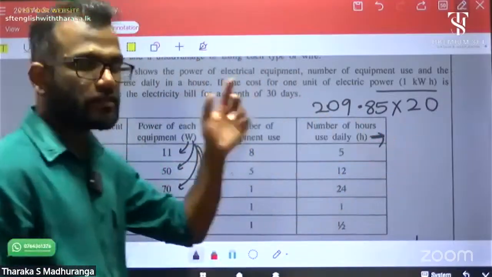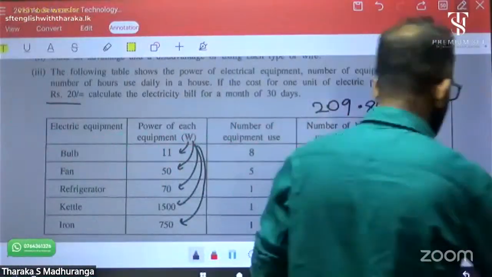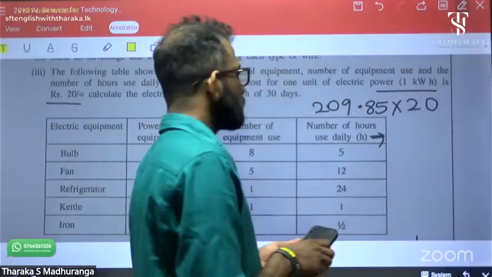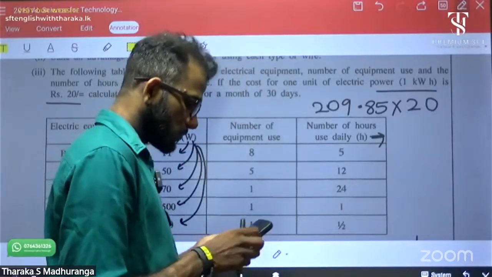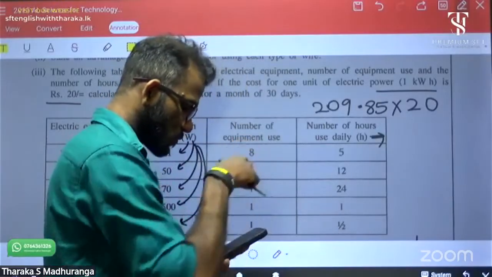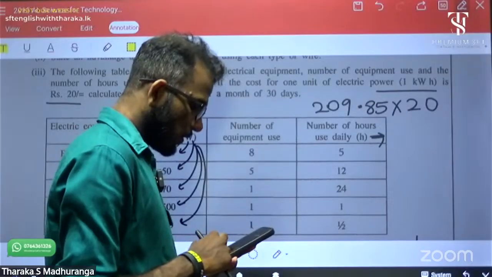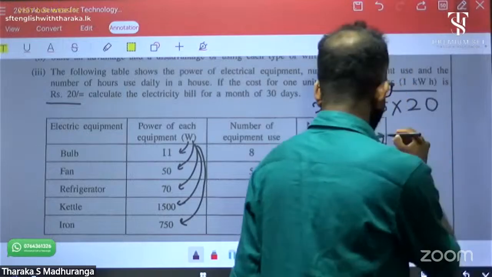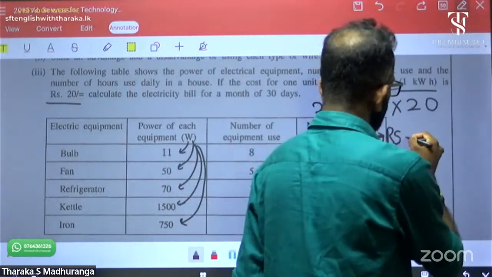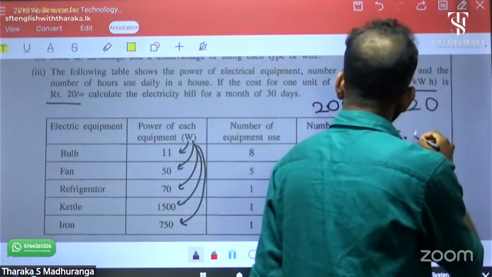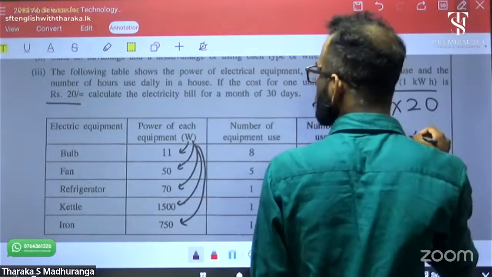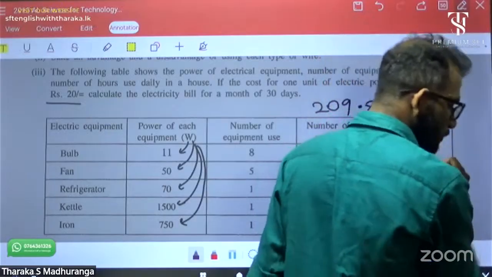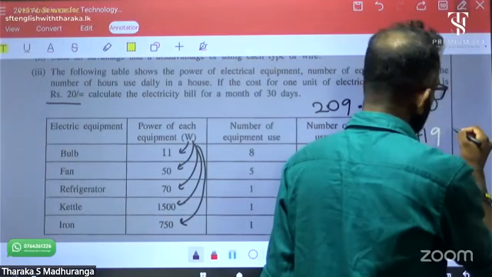Then what is the electricity bill for a 30-day month? Multiplied by 20, 4,197 rupees.